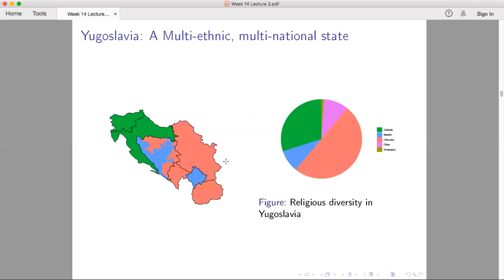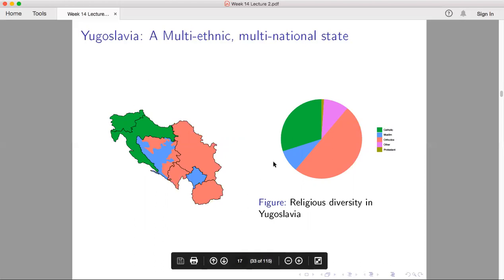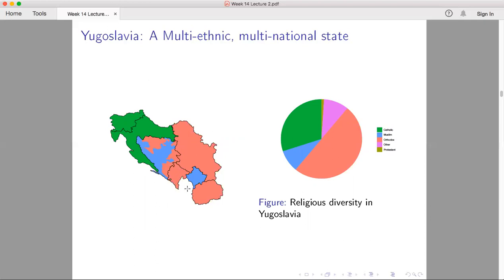So in general, the former Yugoslavia is about 50% Orthodox, most of those being concentrated in Serbia, Montenegro, and Macedonia, with various Orthodox populations in Bosnia.